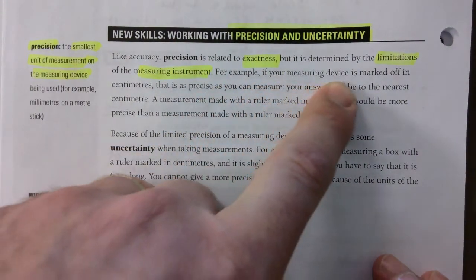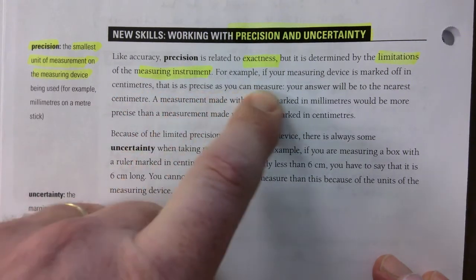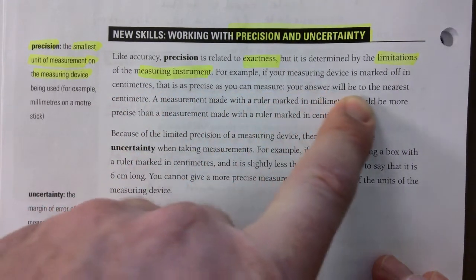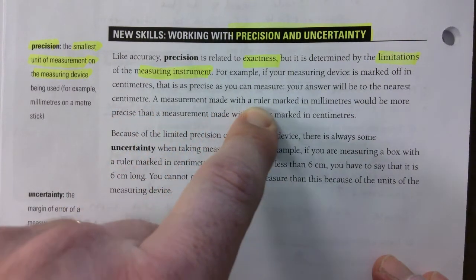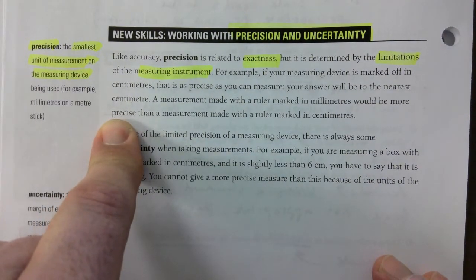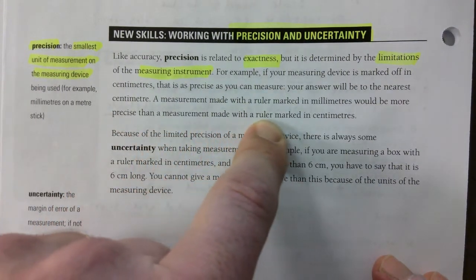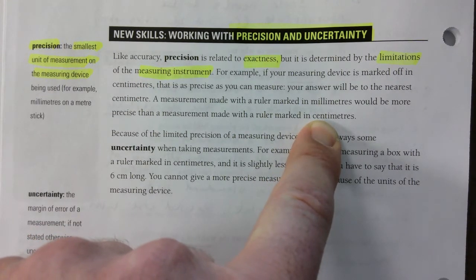For example, if your measuring device is marked off in centimeters, that is as precise as you can measure. Your answer will be to the nearest centimeter. A measurement made with a ruler marked in millimeters would be more precise than the measurement made with a centimeter, because you're using a smaller increment, millimeters versus centimeters.